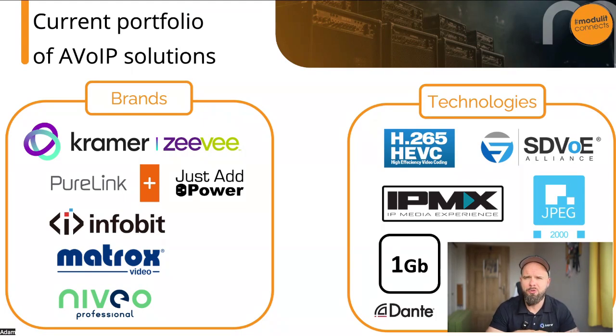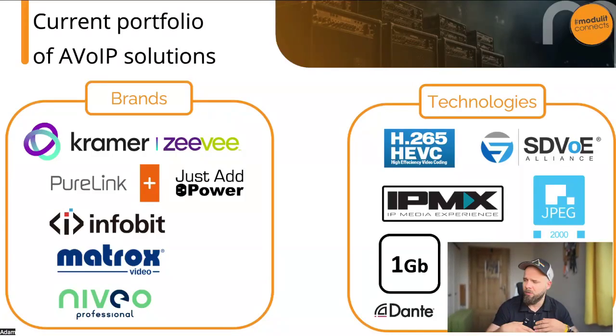If you don't want to compromise on the quality and 10 gigabit is the option you consider, we have a hefty number of options to support these requirements. If you need Dante, if you need SDVoE, or you want to implement something which is considered one of the best prospect standards for the future, which is IPMX, we also have it.